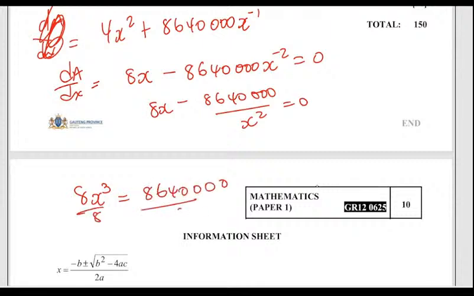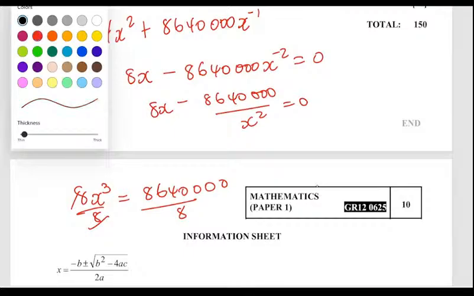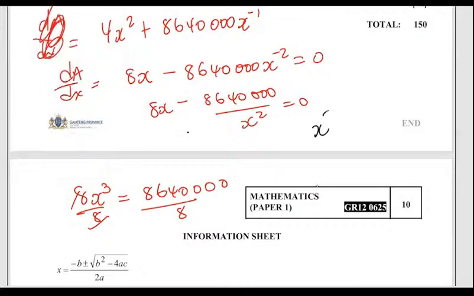So if I divide by 8 on either side, it simply means that x cubed is going to be 8,640,000 divided by 8. Getting a weird answer, 1,080,000. And then I need to find the cube root on either side.